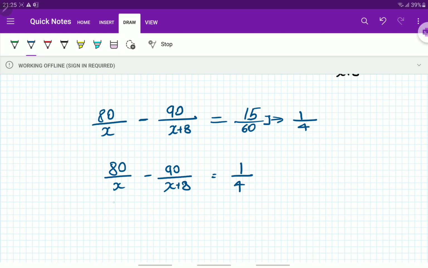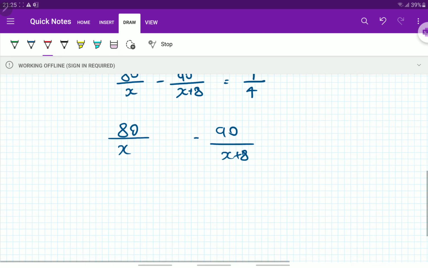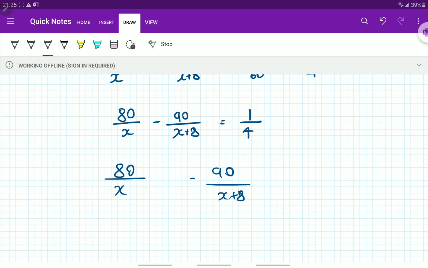If we let x plus 8 be the common denominator here, let's write it again: 80 over x minus 90 over x plus 8. Here we let x plus 8 be the common denominator, and here we let x be the common denominator. So it's 90x and then 80 into x plus 8.